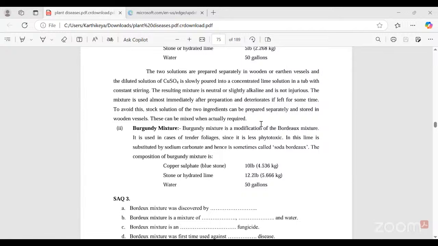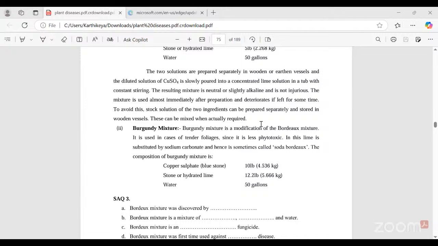The two solutions are prepared separately in wooden or other vessels, and the diluted solution of CuSO4 is slowly poured into a concentrated lime solution in a tub with constant stirring. The resulting mixture is neutral or slightly alkaline and is not injurious.